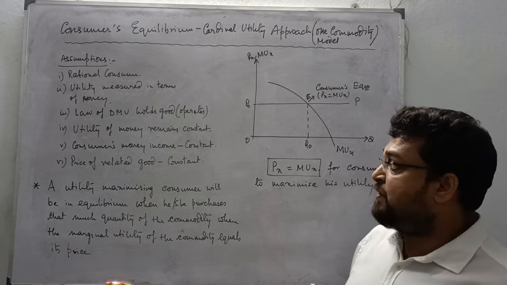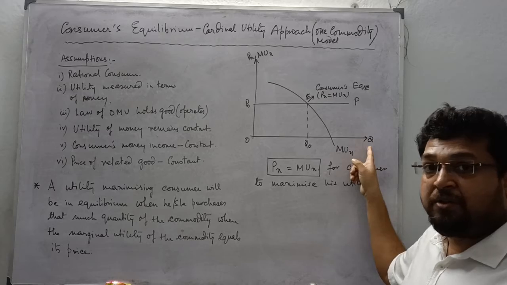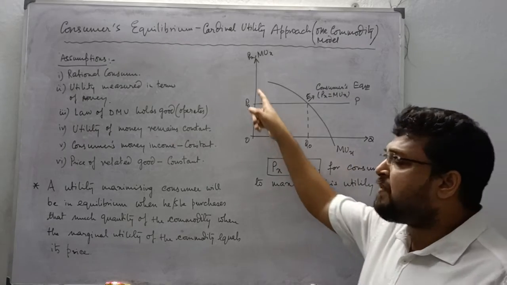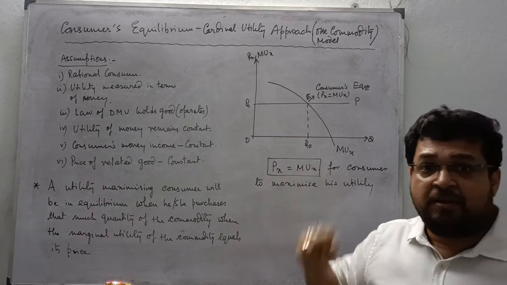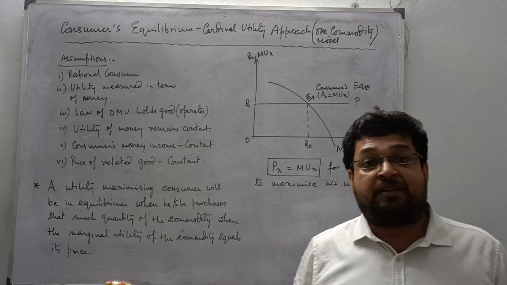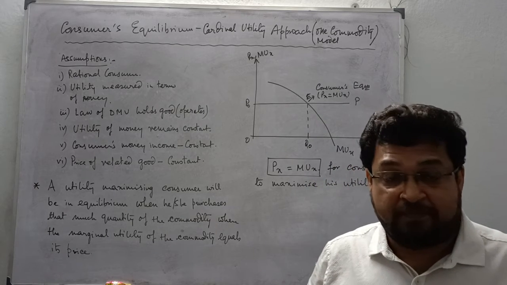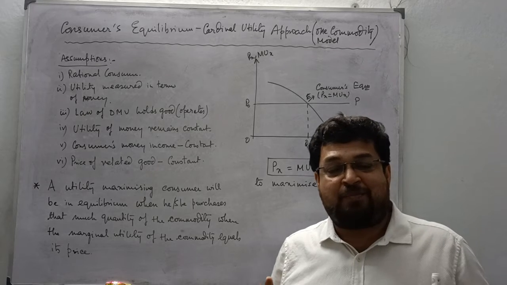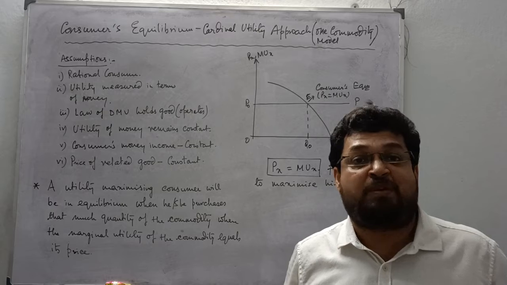We are taking it with the help of a diagram where the quantity is measured along the horizontal axis, and price and marginal utility are measured along the vertical axis. Now, a utility maximizing consumer will attain equilibrium. At every point of time in normal life, a consumer cannot attain maximum utility.